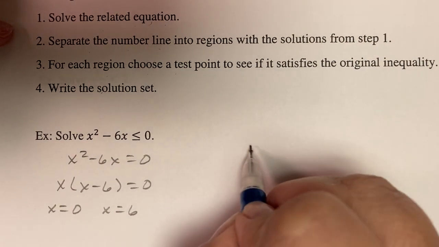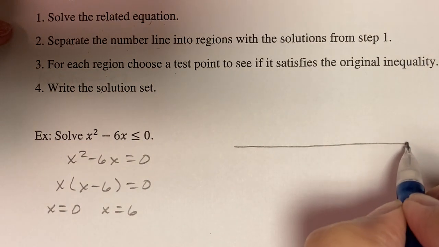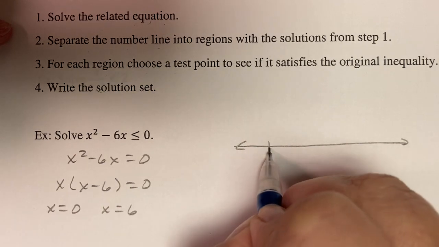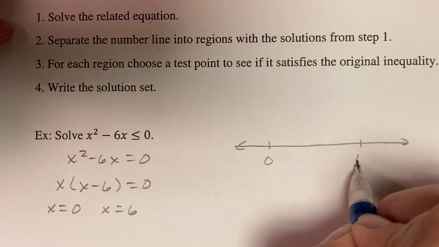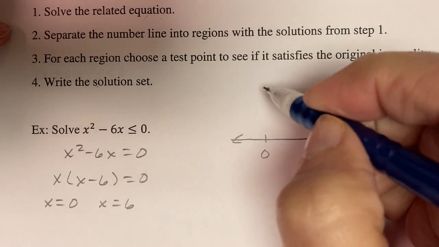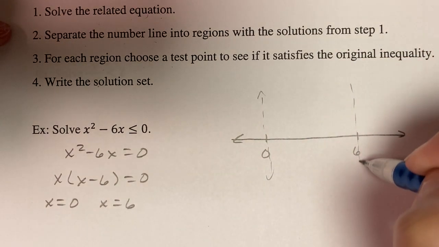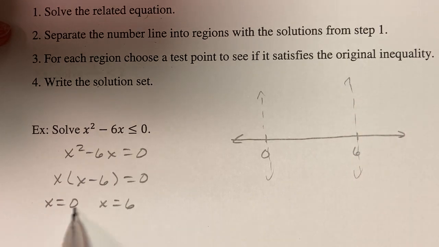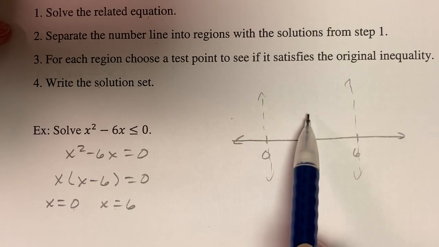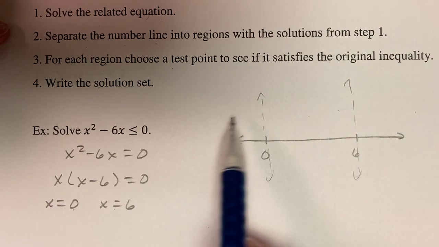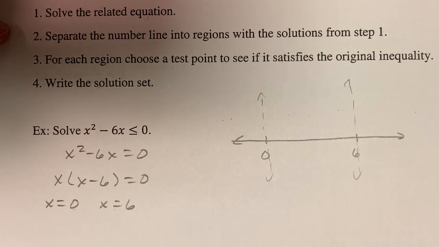Now, what am I going to do with that? I'm going to draw a number line over here, and I'm going to use those two values and put little dashed lines. So what I did is I used those two values, and I separated my number line into 3 regions.